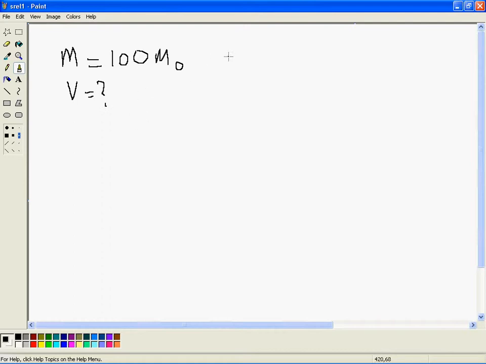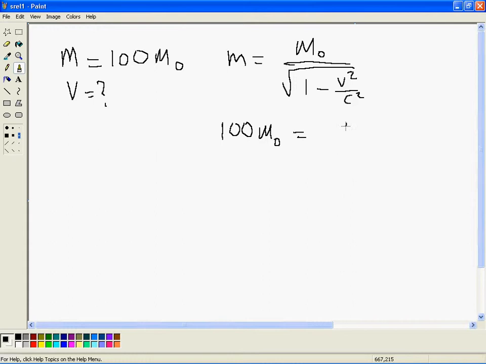Well, the equation is m equals m naught divided by the square root of 1 minus v squared divided by c squared. Now, if we have the relation m equals 100 m naught, then we'll just do substitution. We'll take this variable here and replace it with 100 m naught. And that's going to equal m naught divided by the square root of 1 minus v squared over c squared.